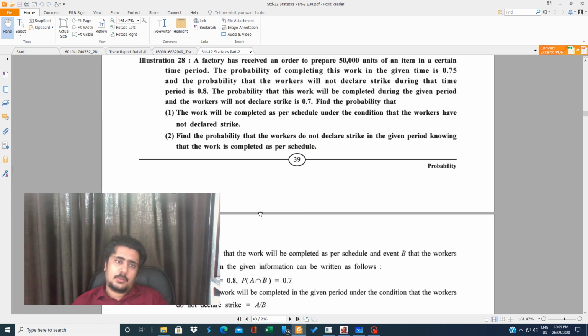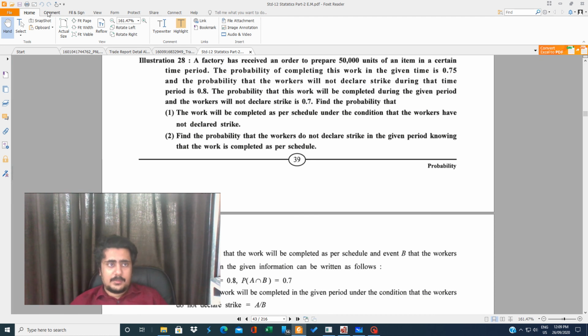Find the probability that work will be completed as per schedule under the condition that worker have not declared strike, and find the probability the worker do not declare strike in the given period knowing that work is completed as per the schedule.